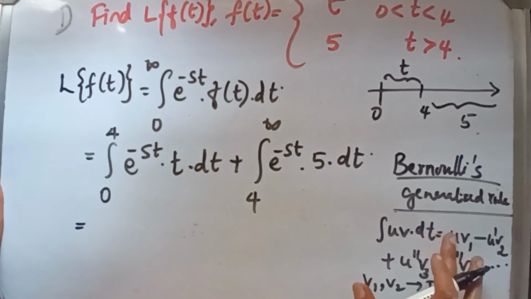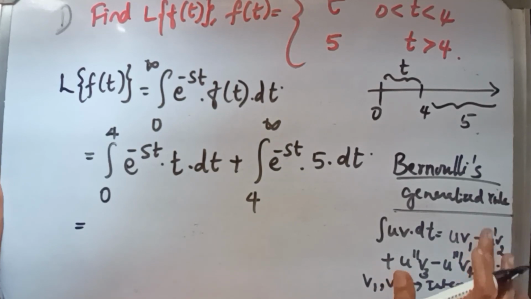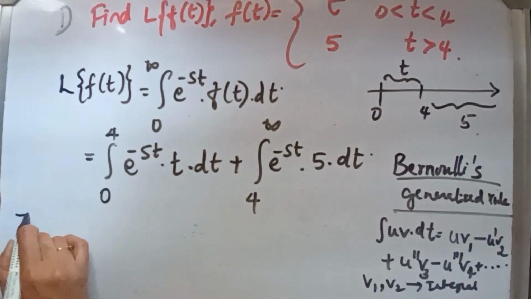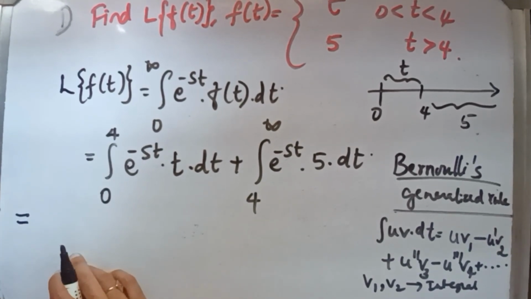So integral of uv dt is u into v1, meaning the first integral of v dt. v2 means integral of v1. Then v3 means integral of v2, like that. So there are alternating positive and negative signs. That helps you to simplify the work quickly.